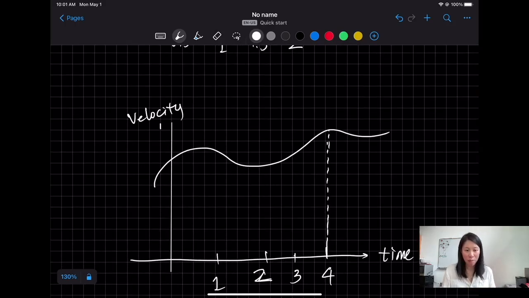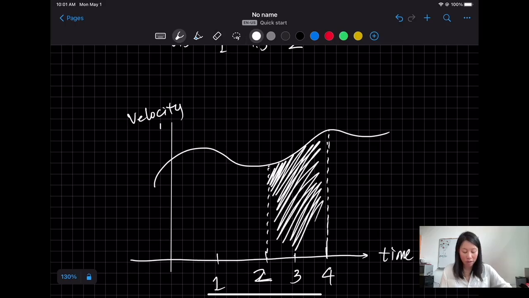And sometimes I may ask you how much you traveled, not just over the past 4 hours, but maybe in the last 2 hours. So I'm asking what the area of this bounded region is from time equals 2 to time equals 4.